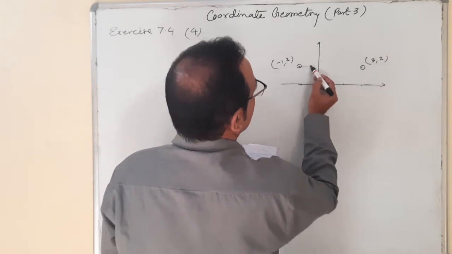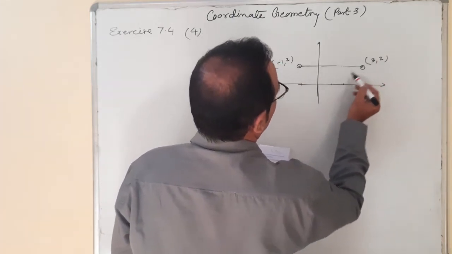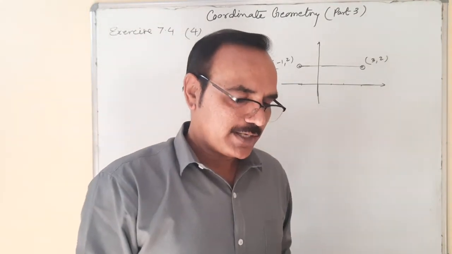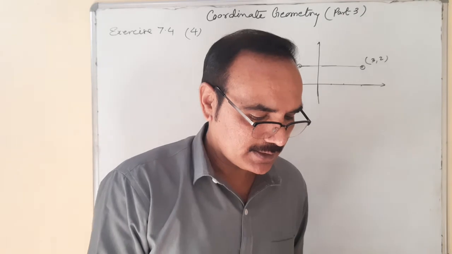These are opposite vertices. And the question is to find the other two vertices, and it is a square.